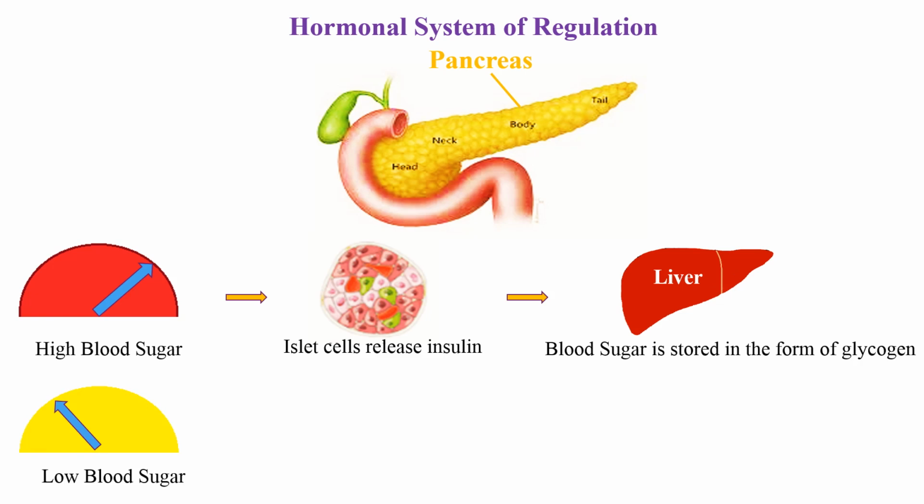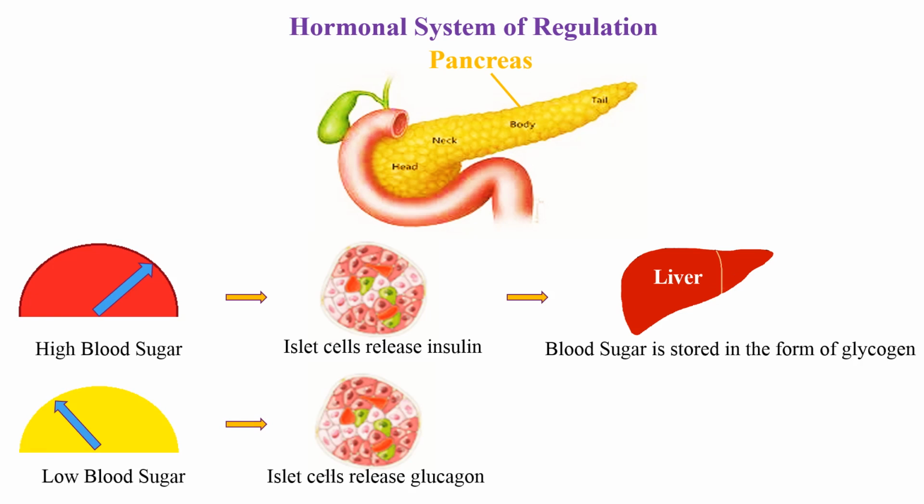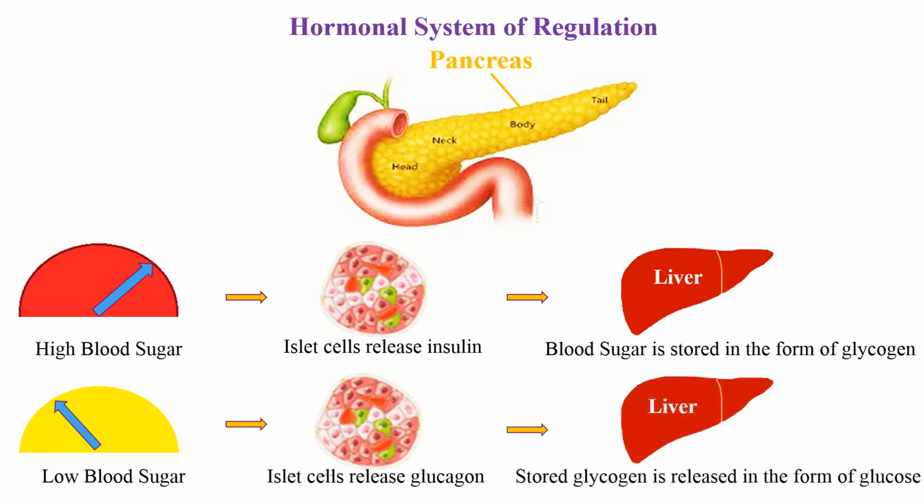When the blood sugar level is low, the islet cells of pancreas release glucagon. Glucagon stimulates the conversion of stored glycogen in liver to glucose. The glucose is then released into the bloodstream.